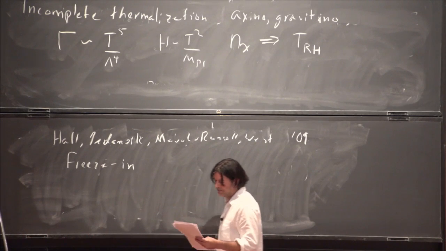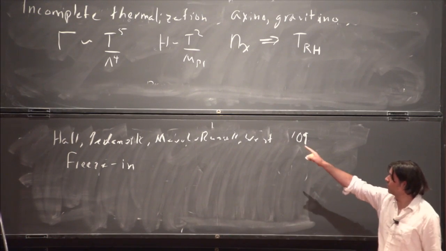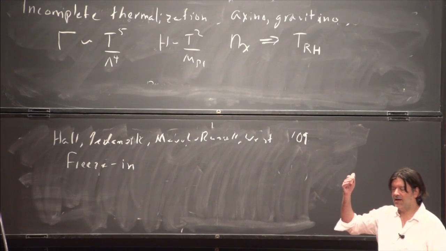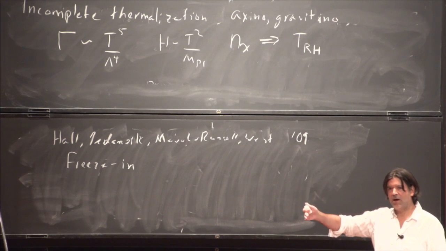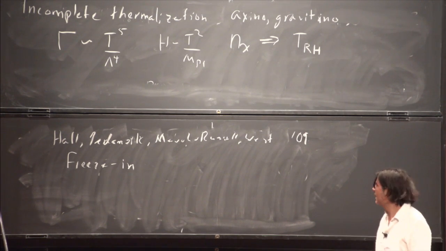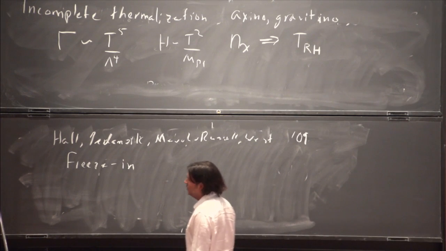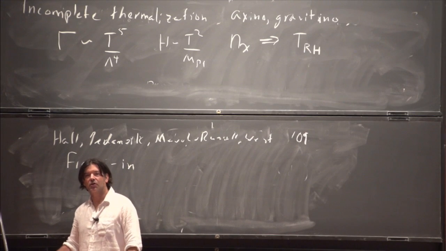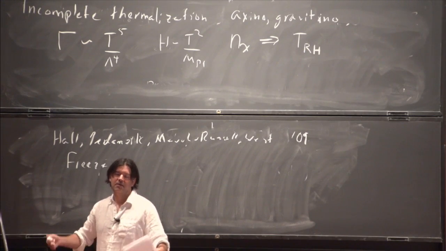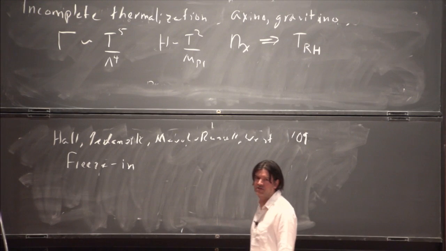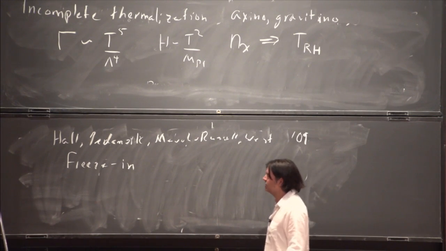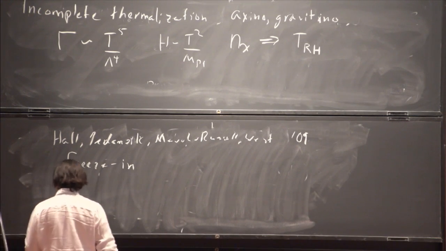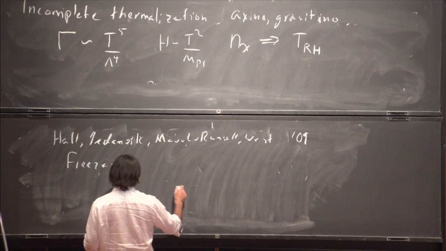And the idea for freeze-in, well, again, keep in mind that the freeze-out situation was something where you had an annihilation rate that was proportional to some high power of temperature, so it dropped faster than the Hubble rate. But if you have dimensionless couplings, that was, for instance, like WIMPs, where your cross-section was dominated by heavy mass-scale particles. But you can actually have situations where the annihilation is not suppressed by some dimensionful scale, but is in fact proportional to some dimensionless scale.